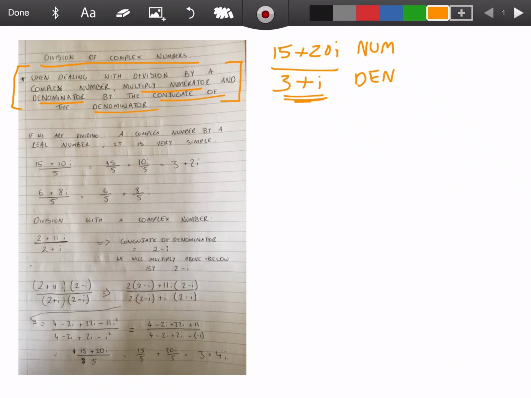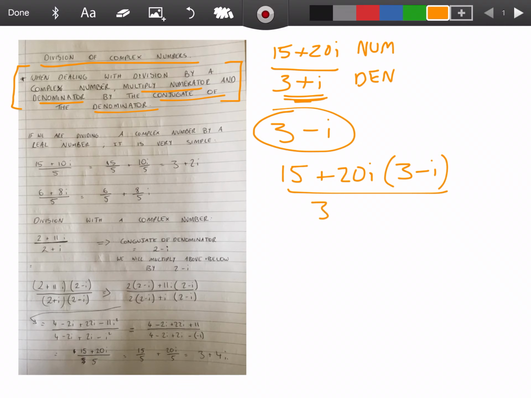The conjugate of that, nice and simple, I just change the sign of the imaginary part. And all we've got to do then is multiply above and below by that conjugate. When we do that, we can get rid of all of the imaginary part below the line.